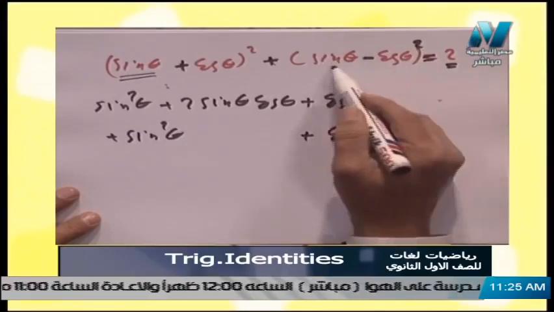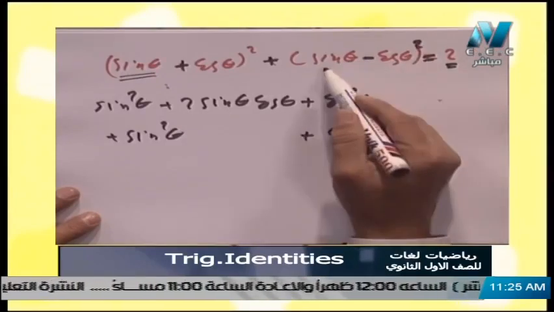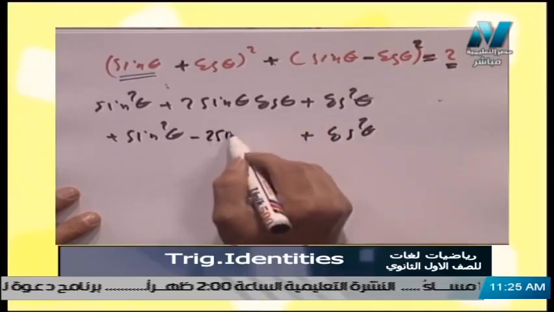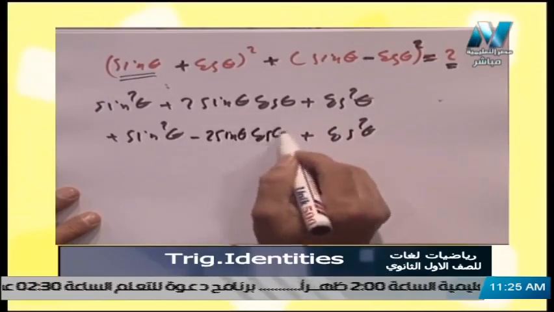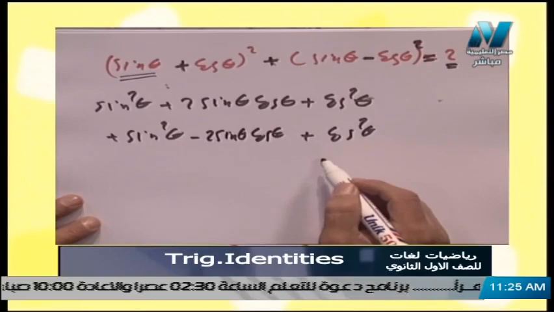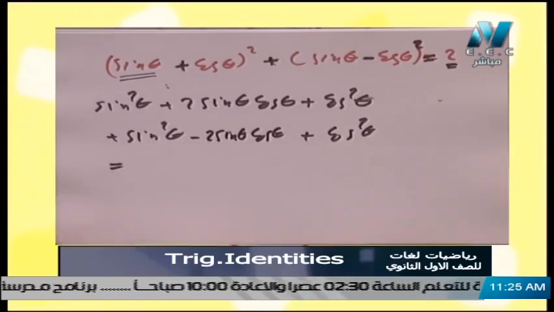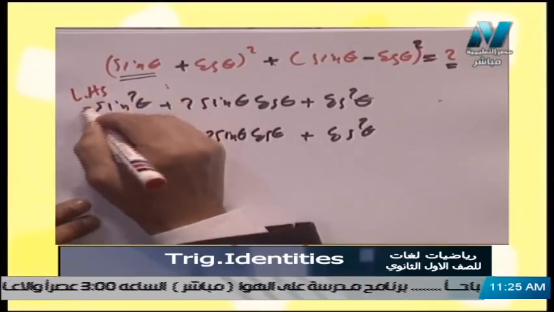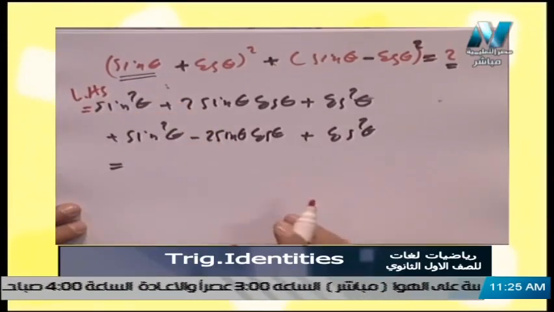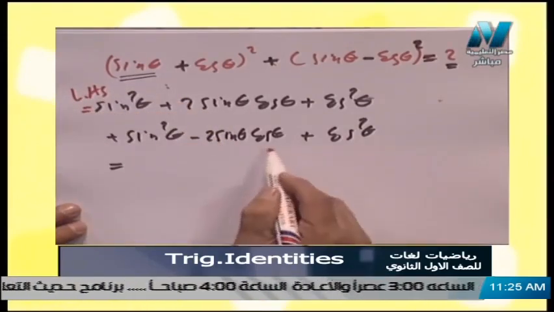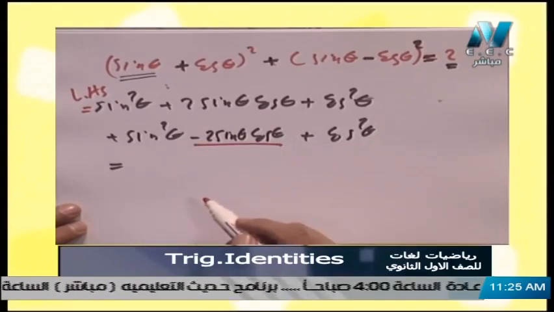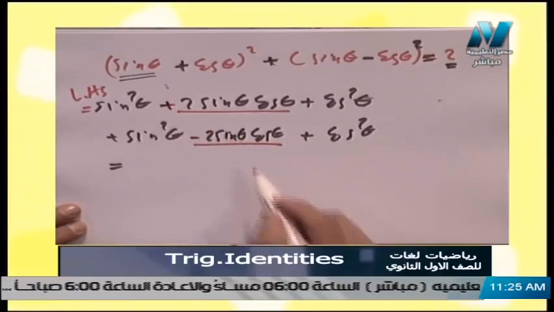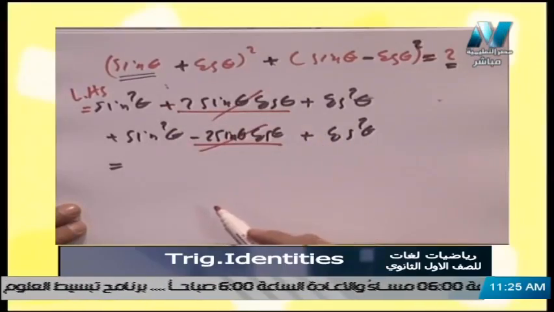And by multiplying 2 by sine by negative cosine, it will be negative 2 sine theta cosine theta. Okay, remember, my dear students, that it is the left hand side only. Notice that negative 2 sine cosine and positive 2 sine cosine cancel each other, equal 0.